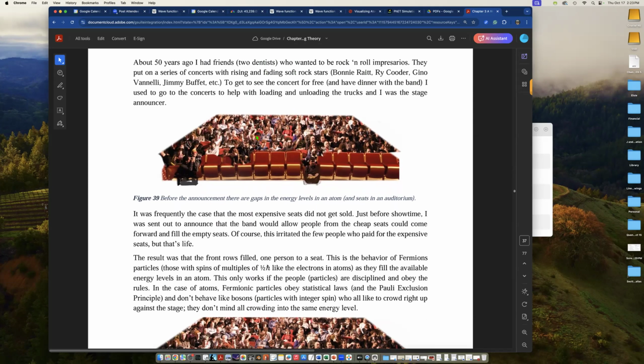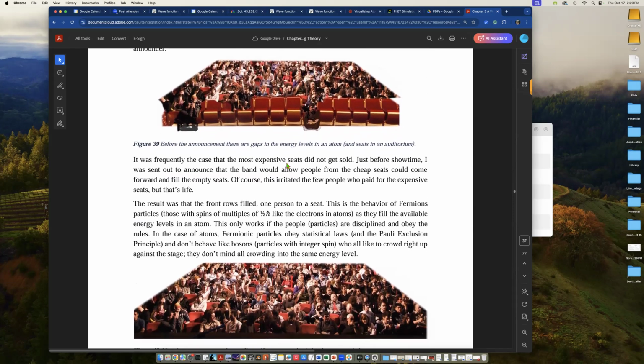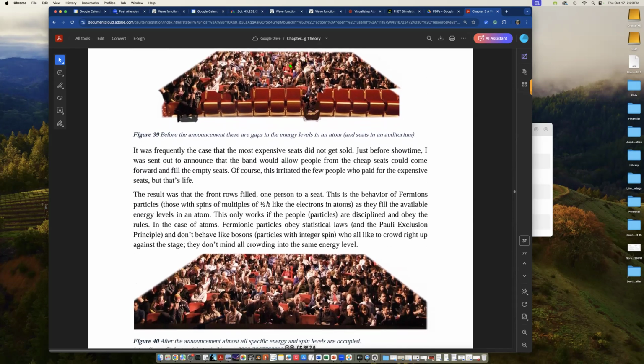A lot of times for the lesser known acts, the community that wanted to see the concert would buy the cheaper tickets, and the front row tickets that were much more expensive only had a few occupants. And a lot of times the band would say to me, go out and tell the crowd if they want to behave, they can come down and fill these empty seats. One person to a seat. We don't want a mob scene in front of the stage.